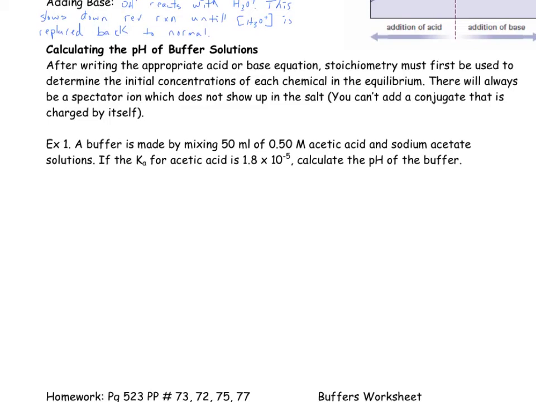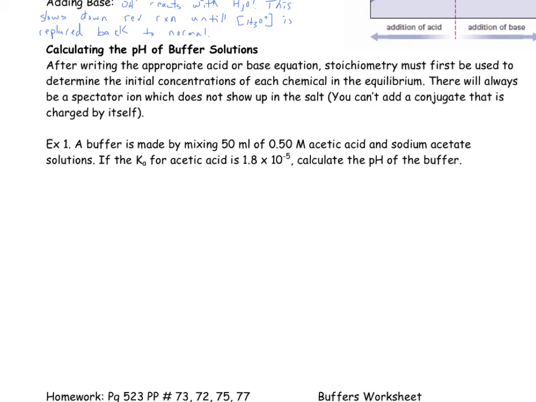Stoichiometry must first be used to determine the initial concentrations of each chemical in equilibrium. There will always be a spectator ion which does not show up in your equilibrium equation. This is the other piece of the salt. You can't add a conjugate that is charged by itself. It always has to travel with the oppositely charged ion.